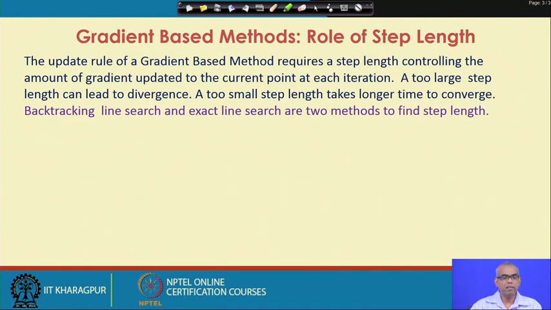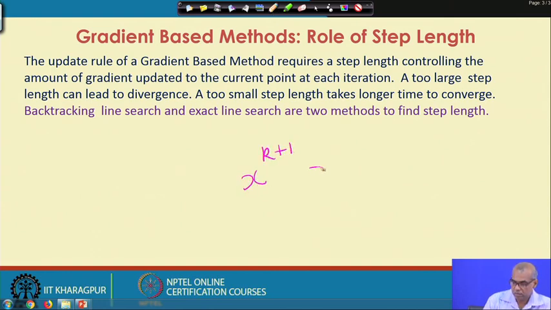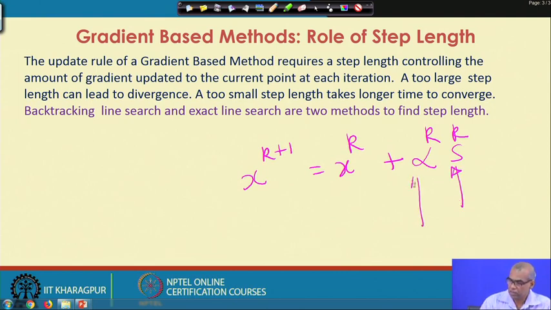So, what is the role of step length in gradient based methods? The update rule of a gradient based method requires a step length controlling the amount of gradient added to the current point at each iteration. Because we have seen that x k plus 1 is x k plus alpha k s k. So, this is the search direction and this is the step length.